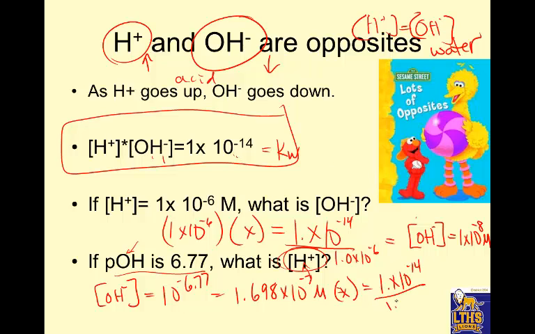So we divide that by 1.698 times 10 to the negative 7th, and we find that the hydrogen concentration is 5.89 times 10 to the negative 8th molar. Because these two aren't directly related, we had to use two formulas to get it.